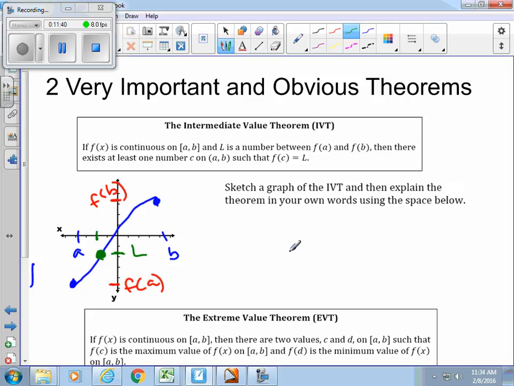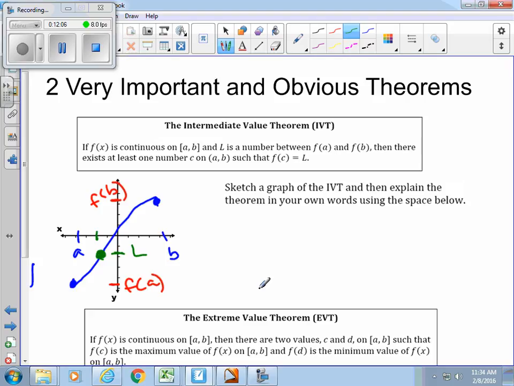Now, to help you remember the intermediate value theorem, anytime you have a real world scenario, it helps it stick in your brain. So we're going to use 6th grade to 7th grade boys as our scenario. Sometimes 6th grade boys go home over the summer and they're like 4 foot tall, and then they come back and they're like 5 foot tall.